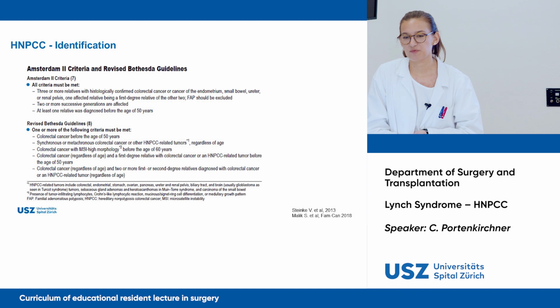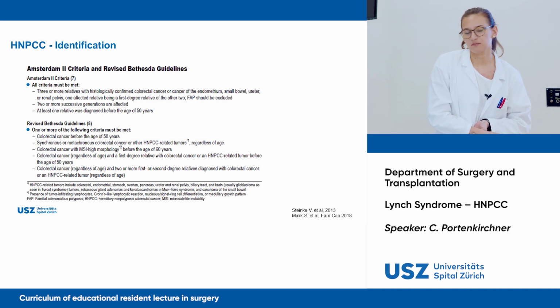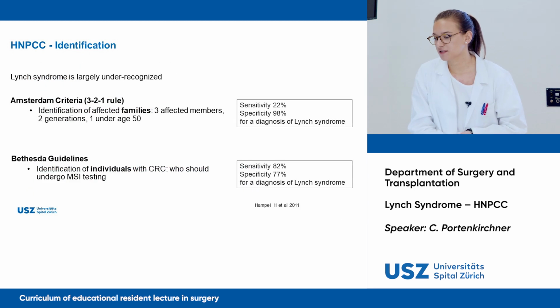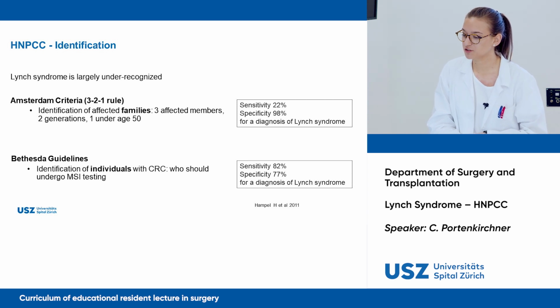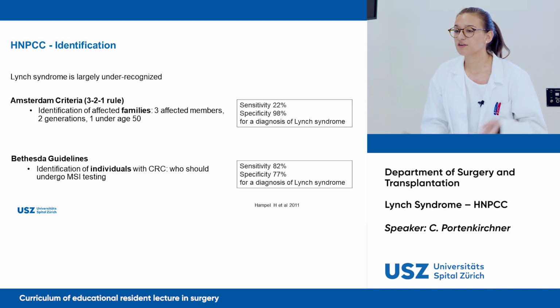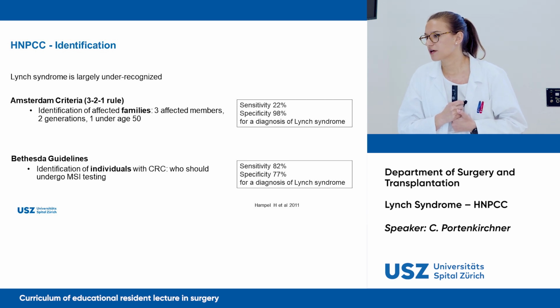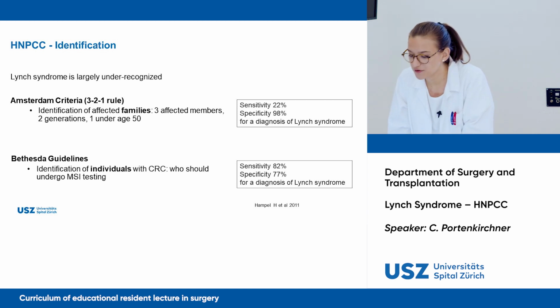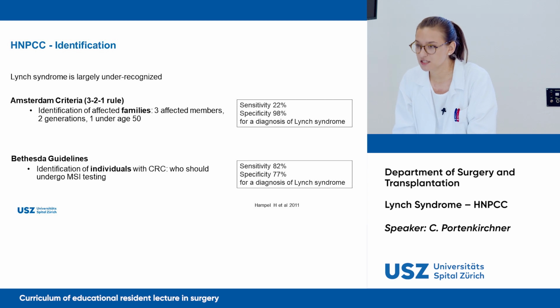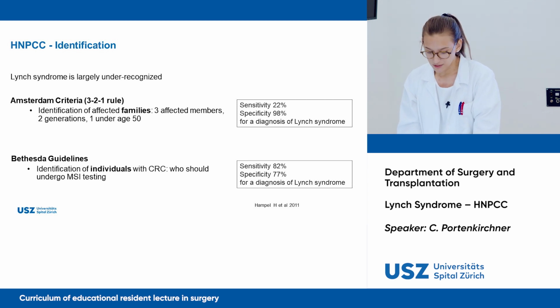So the Amsterdam and the Bethesda criteria, we are not going into details due to time reasons. With the Amsterdam criteria, we are identifying a family. We're looking at the members. There have to be 3 affected members in 2 generations, and one has to have colorectal cancer under the age of 50, whereas with the Bethesda guidelines we are only identifying individuals.